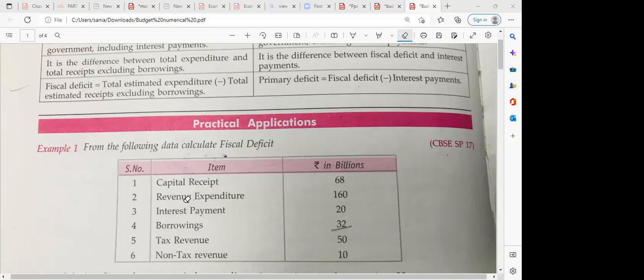Okay, so receipt is of two types, right? Capital and revenue receipt. And expenditure is of two types, revenue and capital. But revenue expenditure was given, and capital expenditure was not given. Similarly, capital receipt was given. What I told you: when total expenditure and total receipts are not given, then your fiscal deficit will be equal to your borrowing, right?